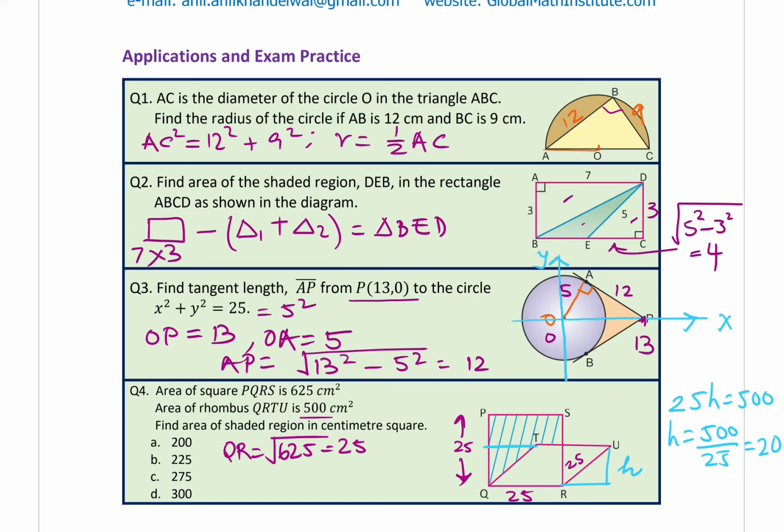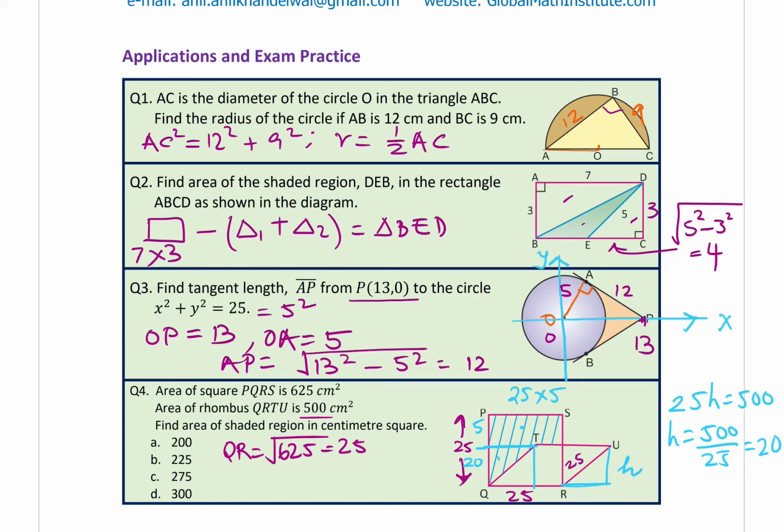So that means this is 20, correct? So 20 means out of 25, this is 5. Now I think you got the idea how to find it. So we know this area is 25 times 5, and this is a triangle which has 20 as the height. How much is this length?